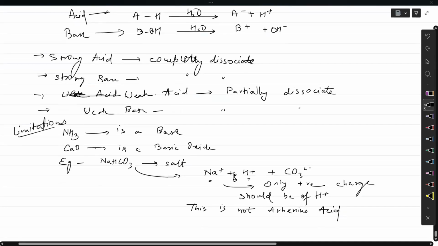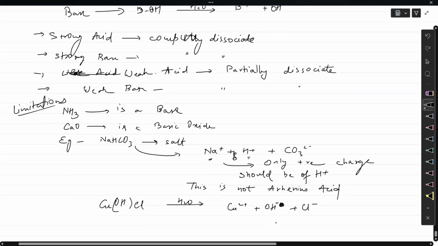Another example you can take is CuOHCl. If you put this in water, it will convert into Cu2 plus, OH minus, plus Cl minus.